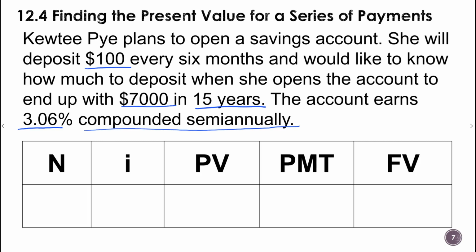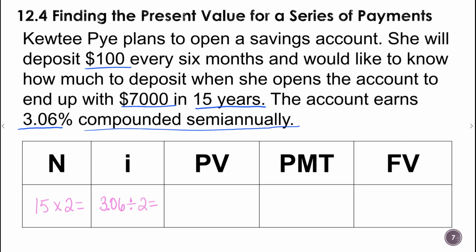All right, so we have 15 years times 2 equals, so that'll be 30 periods for this particular question. Her interest rate is 3.06. That will be divided by 2. Don't forget to push equals and then push your I/Y key.